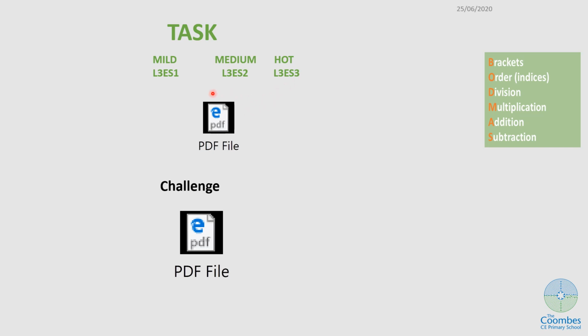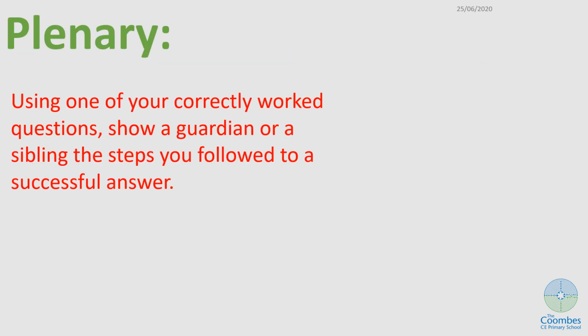Now if you finish this work and you have time, come and challenge yourself and do this challenge work here. I want you to call a guardian, or if they are busy, a sibling, and look at one of the questions that you really did well at and show them the steps you followed to do it.